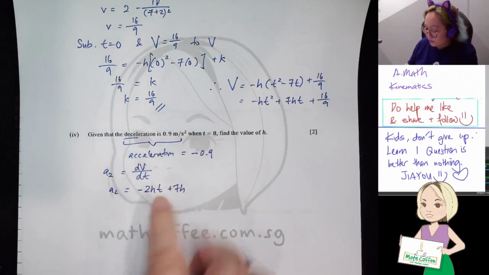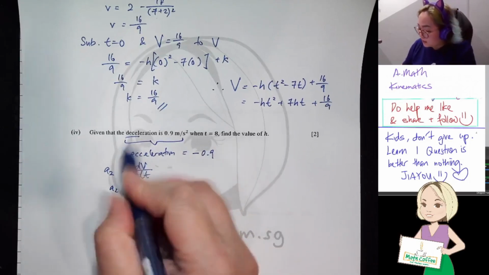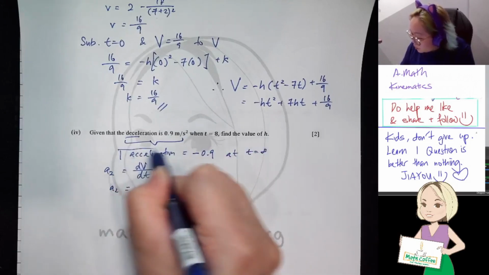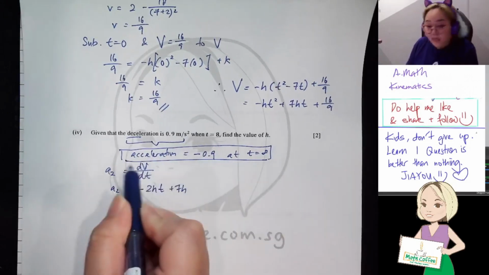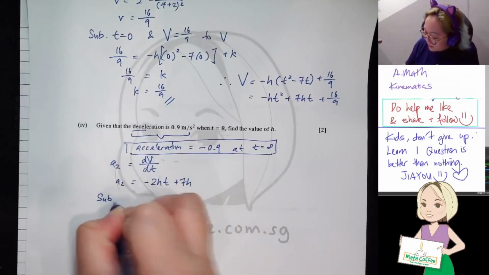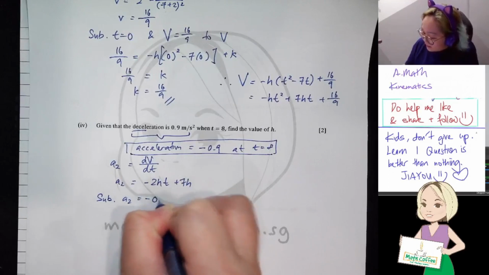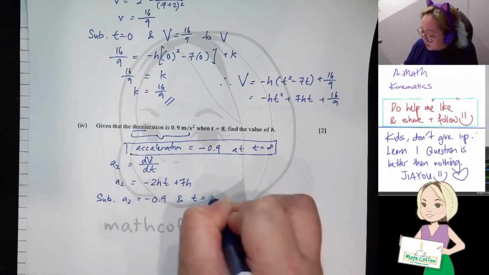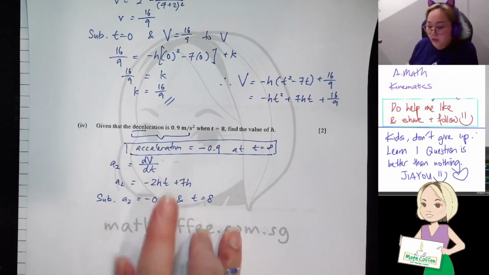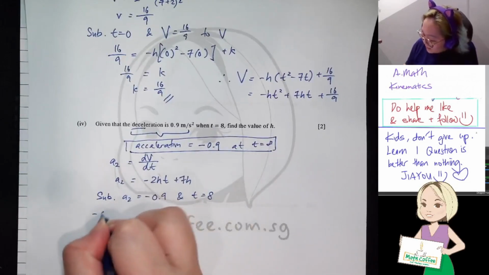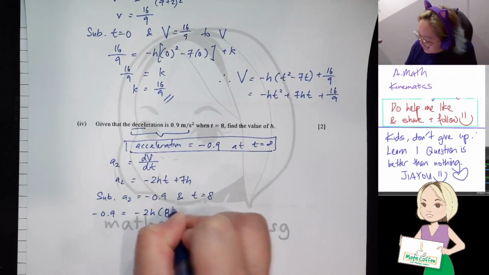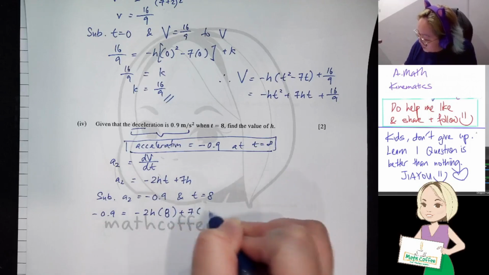And I'm going to use this. They're saying that this is at t equals 8. So I'm going to sub in and find my h. So now I'm going to sub in a2 equals negative 0.9 as well as t equals 8. Common mistake is student never put in the minus. So it will be minus 0.9 equals minus 2h8 plus 7h.